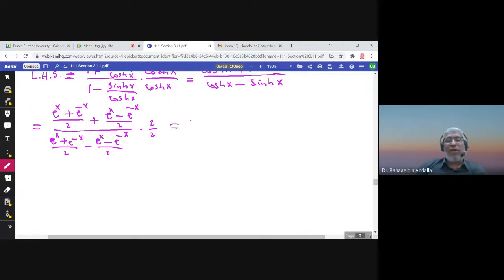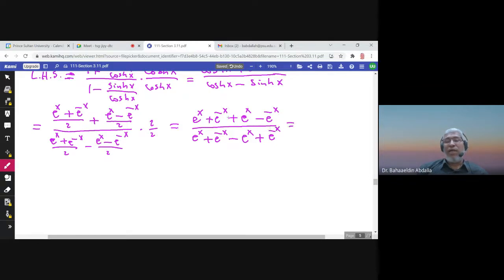So I will have e to the power x plus e to the power negative x plus e to the power x minus e to the power negative x over the 2 will be cancelled, and I'll have e^x plus e^-x. And now notice that there is a minus sign, so it will be multiplied by e^x and by e to the power negative x, and it will make it positive.